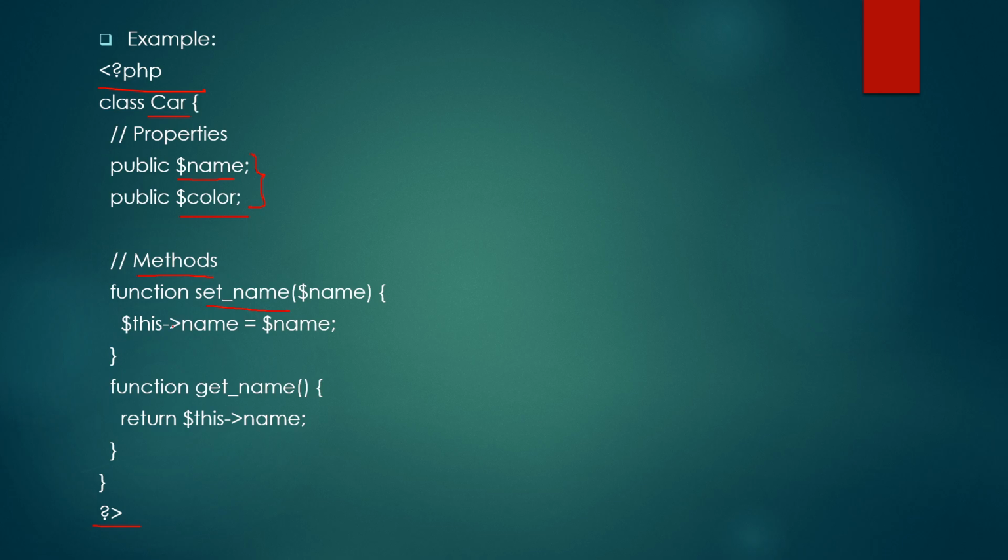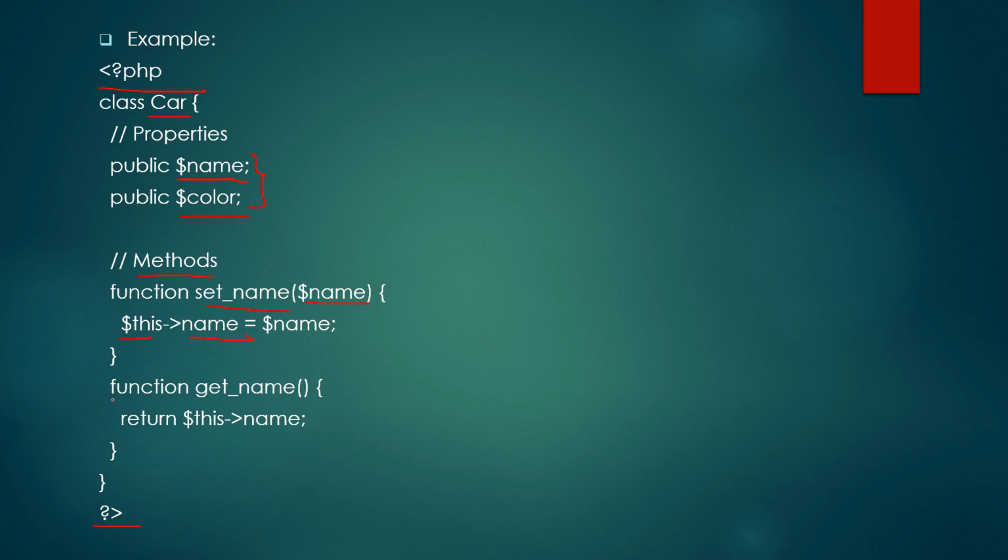Inside this, we have a line of code which some of you may not understand, but for now, just understand that we are assigning a name to this variable. $this denotes the object itself. Here we are trying to access this variable and we are just assigning a value to it.